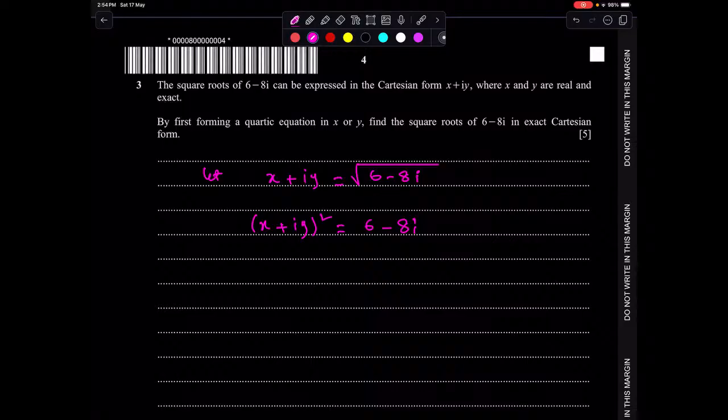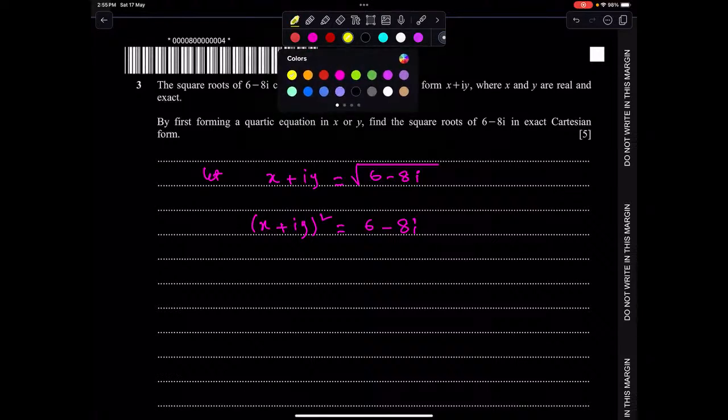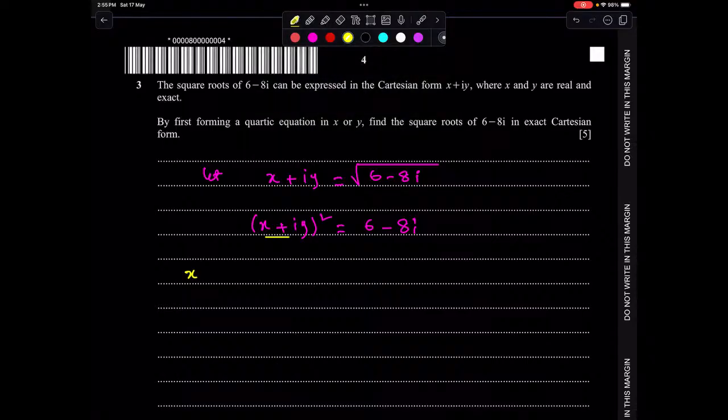Then expand the expansion x plus iy by means of a plus b whole square.